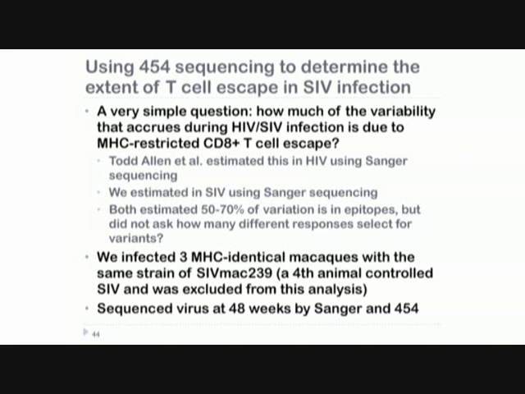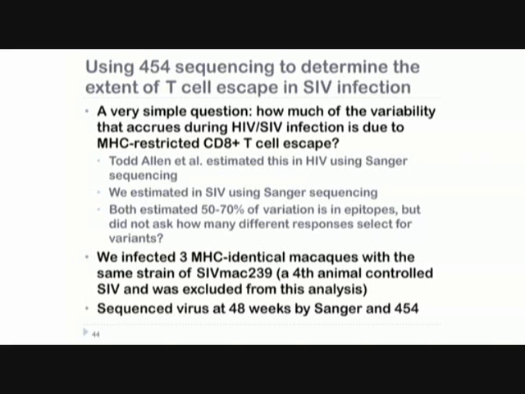Several years ago, Todd Allen's group at Harvard tried to estimate how much variability in the genome was due to T cell escape. And we had done a similar study in SIV. And we both came to the conclusion that about 50 to 70% of the variation that arises outside of the viral envelope during chronic infection is driven by T cell selective pressure.